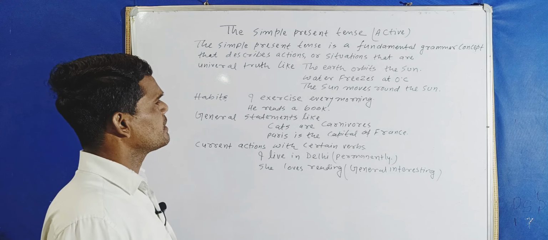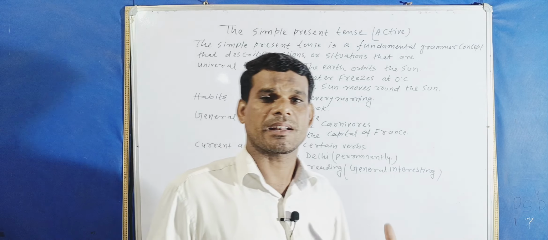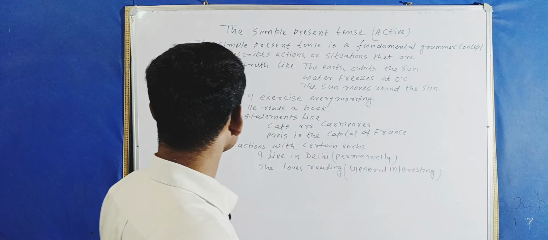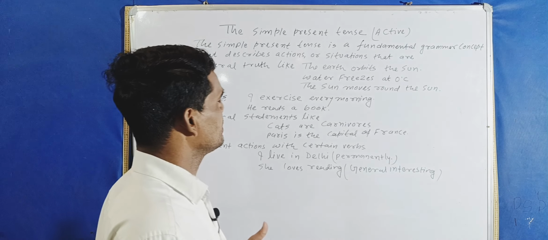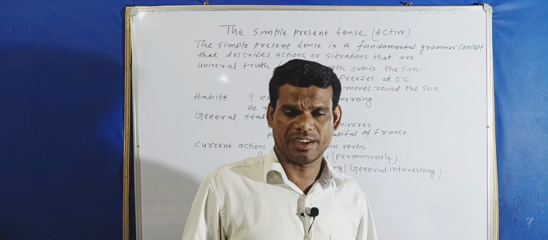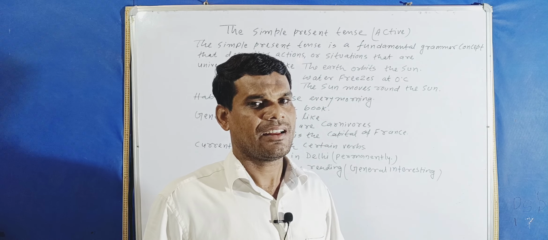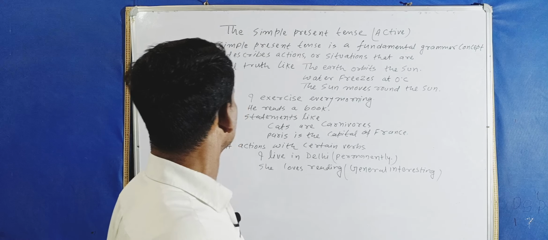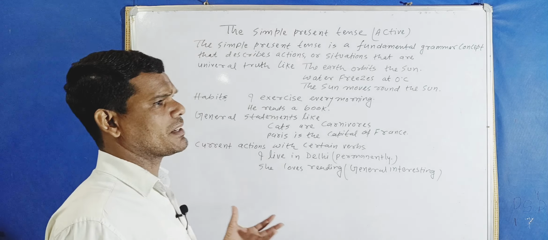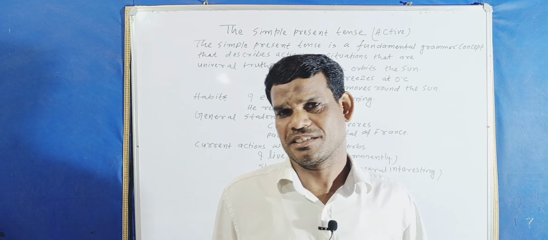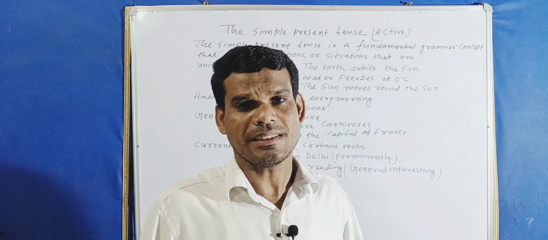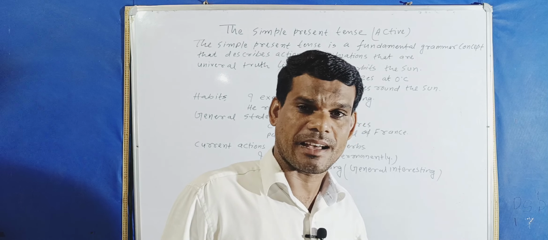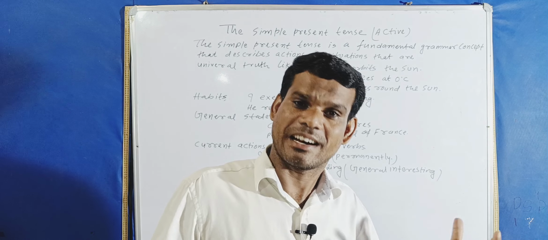Simple present tense is a fundamental grammar concept that describes actions, situations, habits and general situations. Now, here are the examples of simple present tense. Simple present tense actually describes and expresses universal truths and habits.